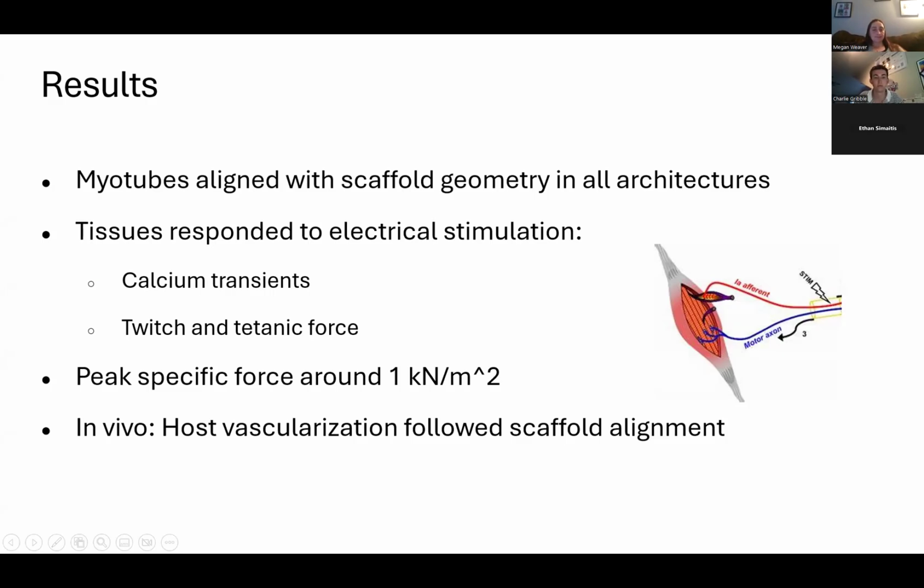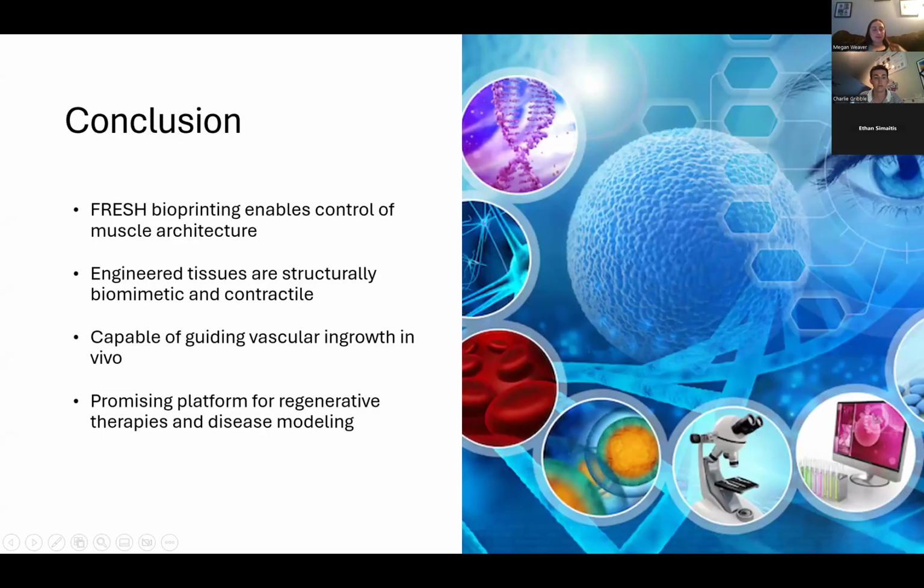In summary, FRESH bioprinting allowed precise control over the architecture of engineered muscles, making it possible to recreate complex muscle structures like unipennated and multipennated patterns. The resulting tissues were both structurally biomimetic and functionally contractile, meaning they not only looked like real muscle, but they also behaved like it, responding to stimulation and generating force.